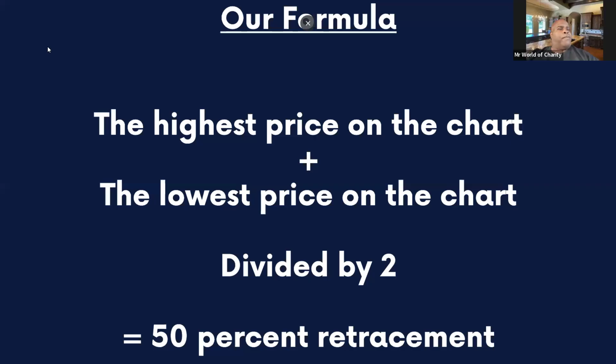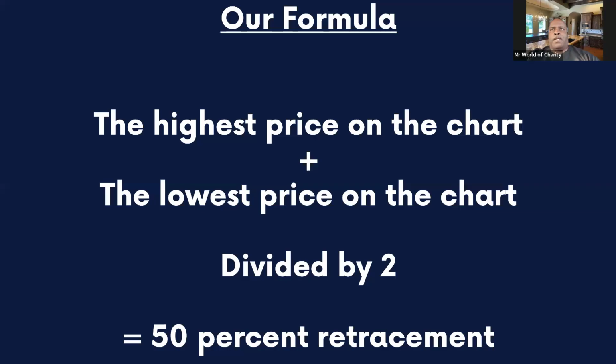So there's a formula to understanding and coming up with the 50% retracement on the chart. I want y'all to write it down or take a screenshot, but know the formula. You can Google it if that's what you have to do, but I want you to understand it. When you look at the chart, you saw that half moon we talked about over the last couple of weeks.